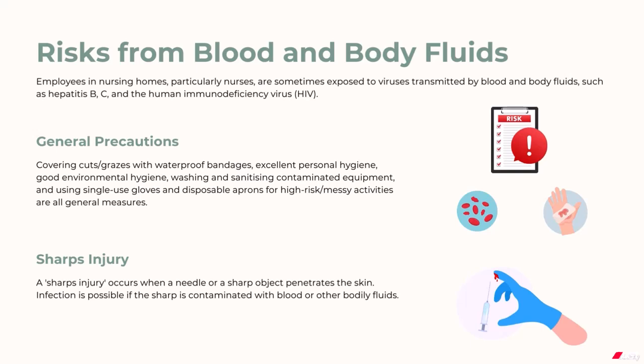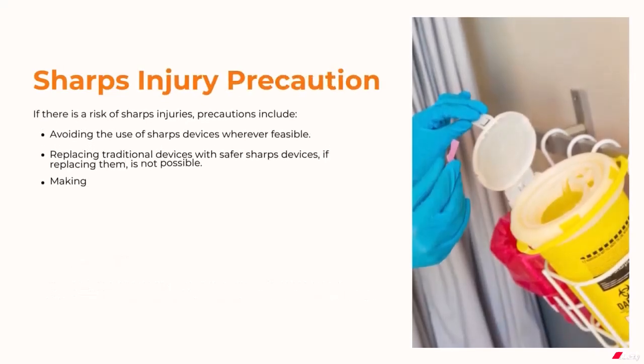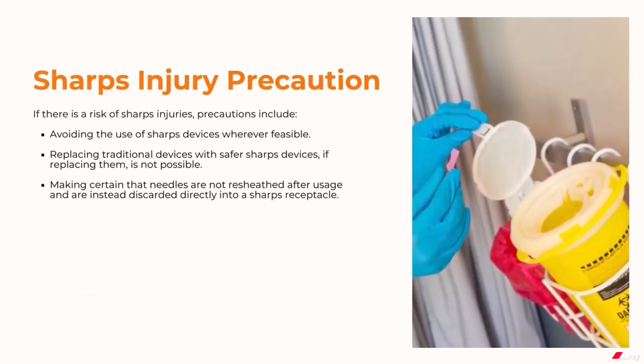Sharps injury. A sharps injury occurs when a needle or a sharp object penetrates the skin. Infection is possible if the sharp is contaminated with blood or other bodily fluids. Sharps injury precaution.